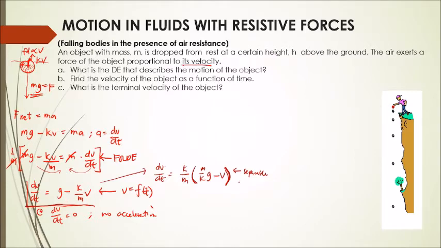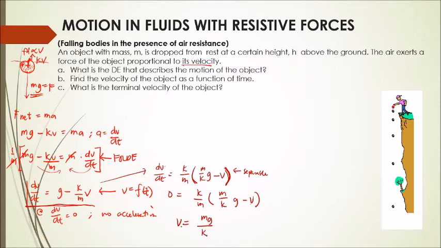Now, after this, again, the nature of dv over dt equal to 0 means no acceleration. We can let this be 0. This becomes k over m times m over k g minus v, or this v now becomes mg over k.